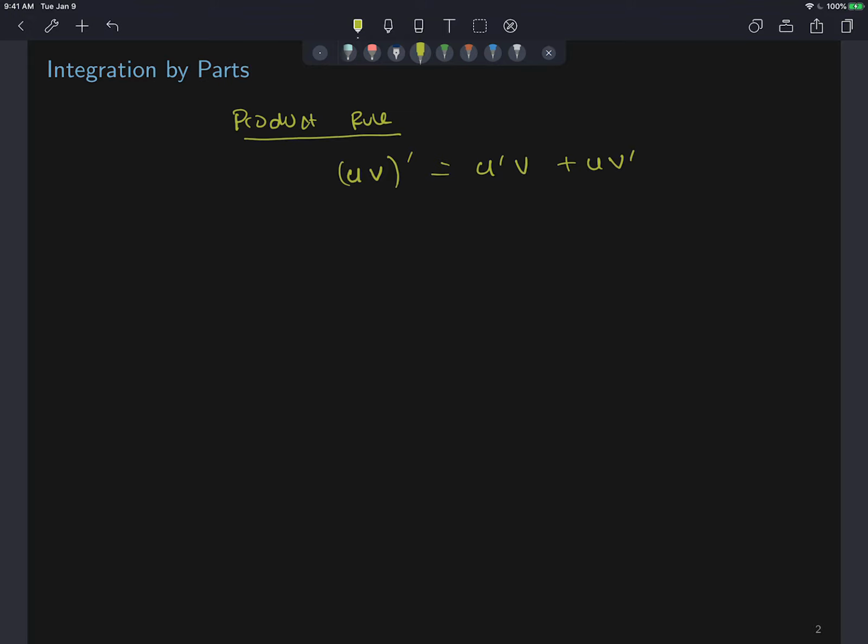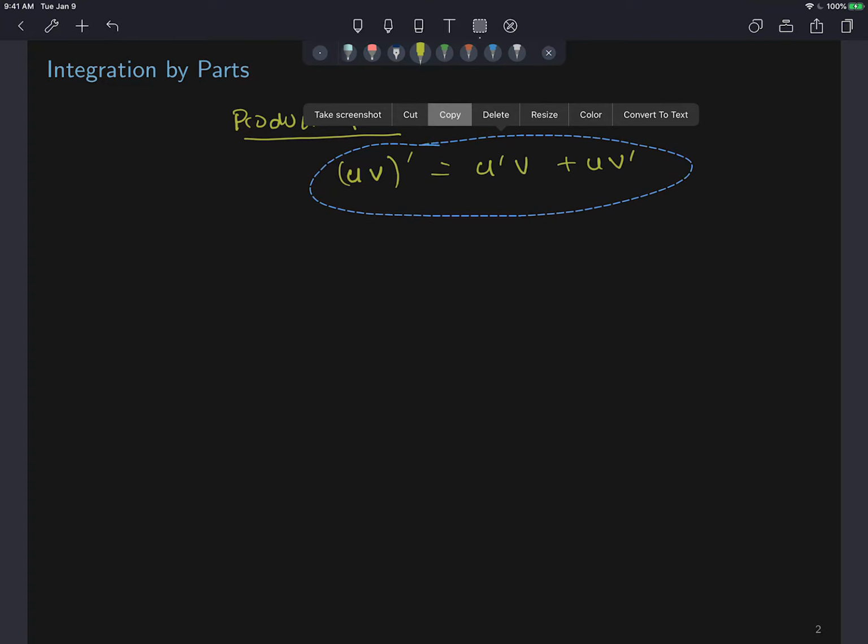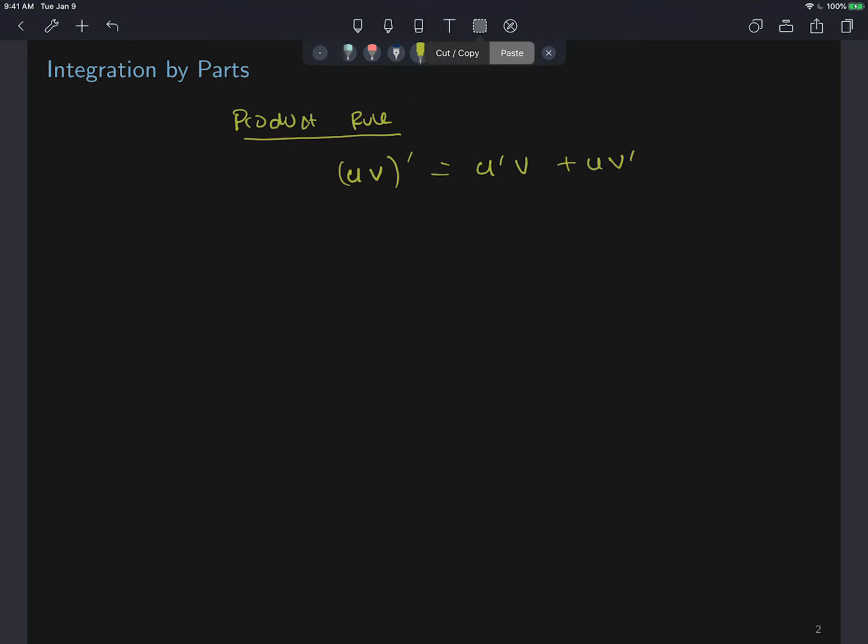So if you're familiar with that, what we want to do now is take antiderivatives or integrals on each of these terms. And the cool thing about doing that is that on this term on the left, I'm taking the antiderivative of the derivative of a product.